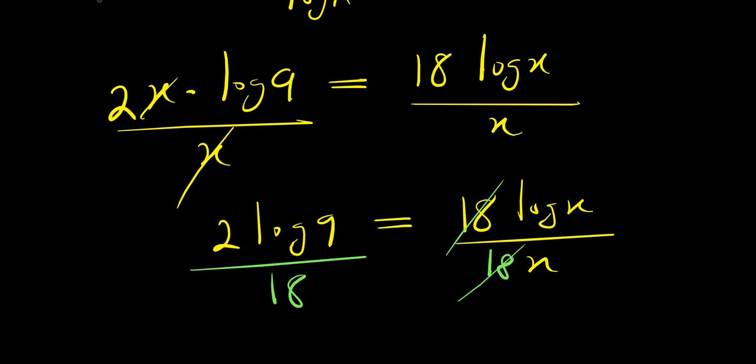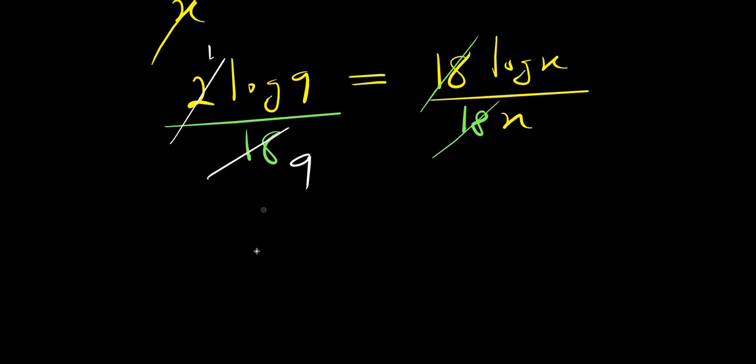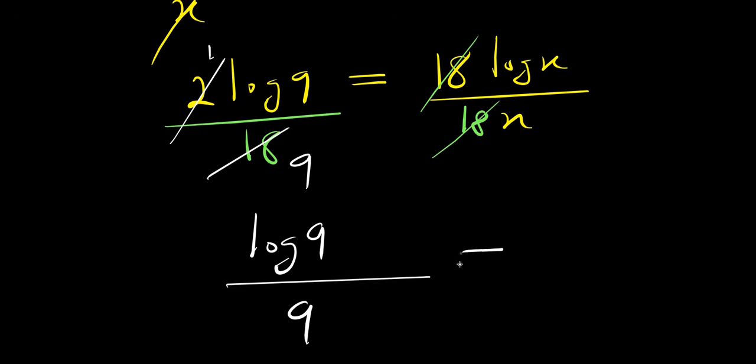So at this particular point, the 2 will cancel itself once and cancel this, we have 9. Have you seen that? So we are going to have log 9 divided by 9 equals log x divided by x.